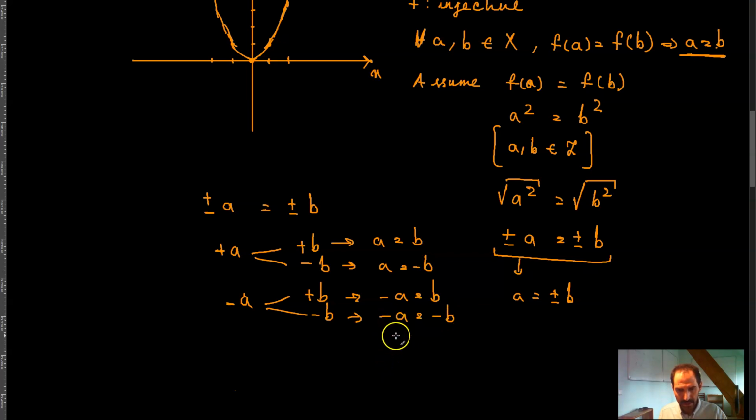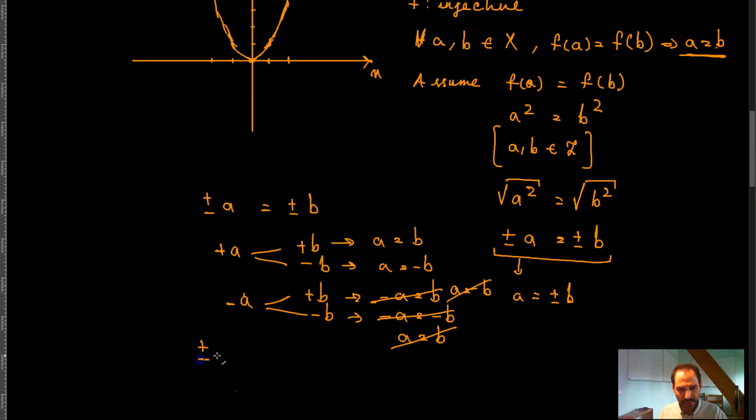So this means a is equal to b, this part over here. This means a is equal to b. This means a is equal to negative b. And a is equal to negative b I have already written over here. A is equal to b I have already written over here.